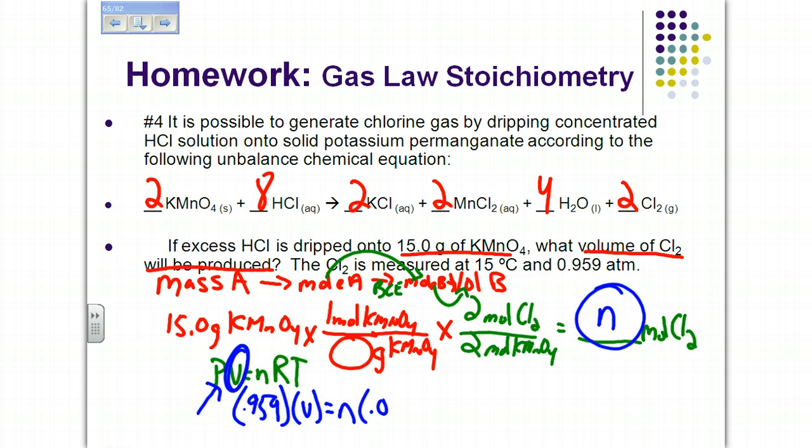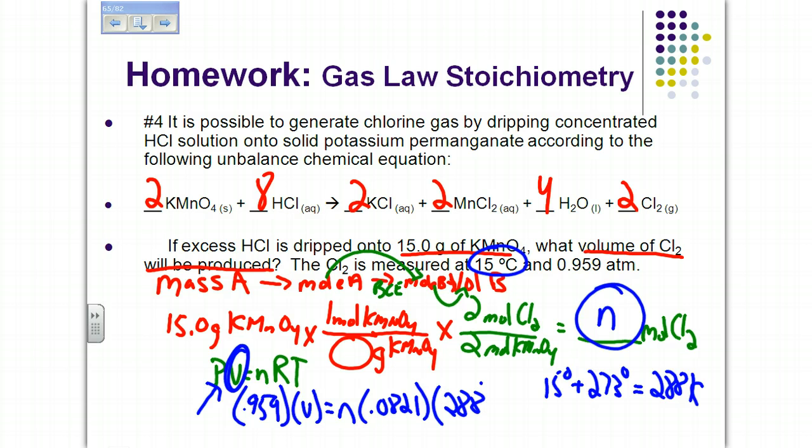R is a constant, and T is 15 degrees Celsius. However, I have to add 273 to that 15 degrees Celsius, and that's going to give me 288 Kelvin. So I'm going to put 288 Kelvin in.